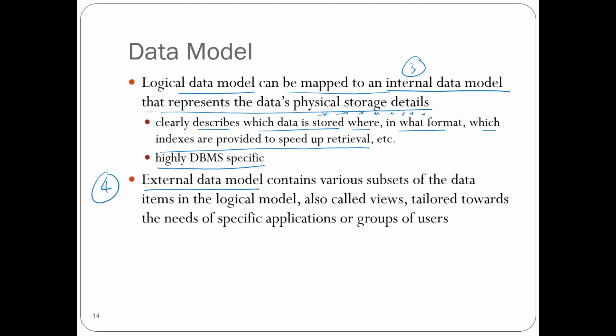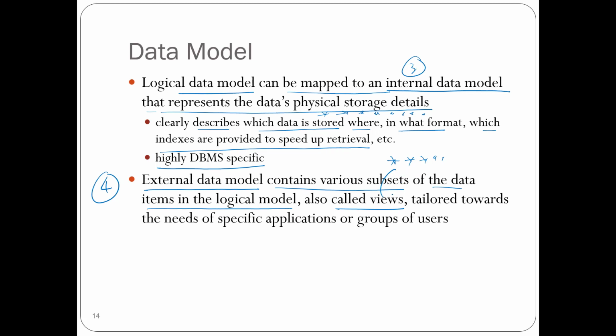What do we have in the external data model? The external data model contains various subsets of data items in the logical model, and these are also called views. Extremely important topic, and we will learn about views in more detail when we will be doing SQL.